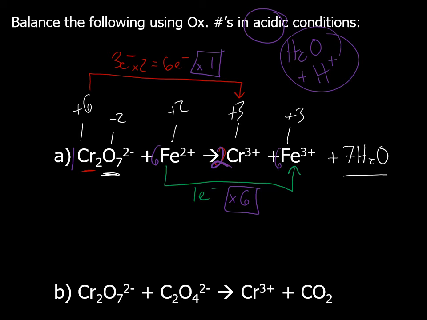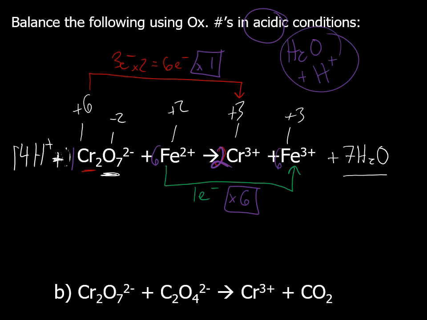So I'm going to have to add in 14 hydrogen ions to the left-hand side. Now my atoms should be balanced, and I should check my atoms to make sure they're the same. I've got 14 hydrogens on both sides. I've got 2 chromiums on both sides.